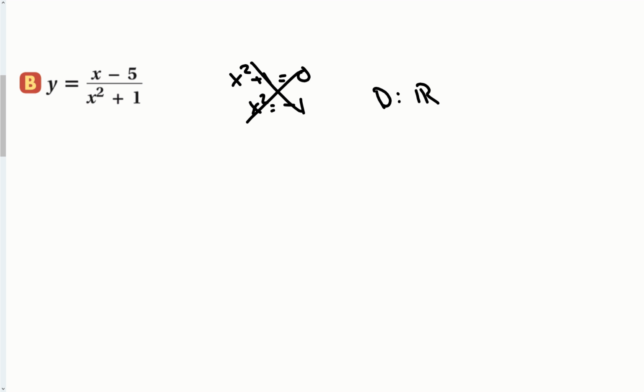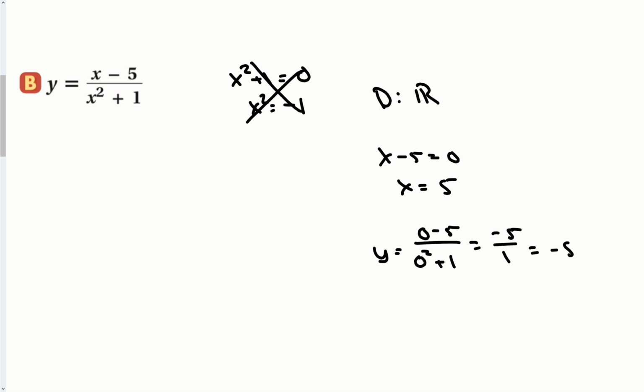All right, so that means it has no points of discontinuity because there's nowhere that the bottom is equal to 0. I can set the top equal to 0 to give me my x-intercept. And I can plug in 0 to get my y-intercept. So this is -5 over 1, which is -5. And those are some good points to start with for this function.